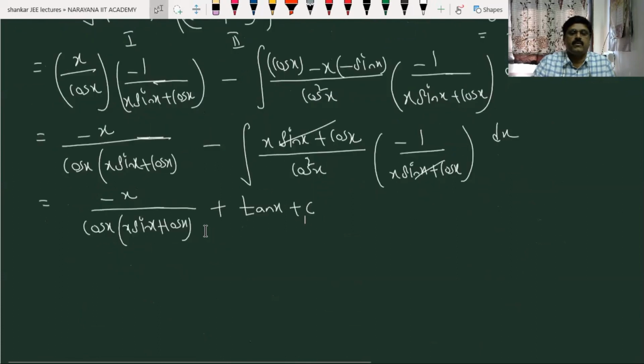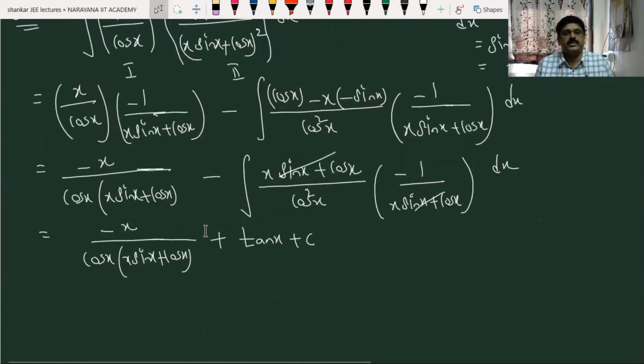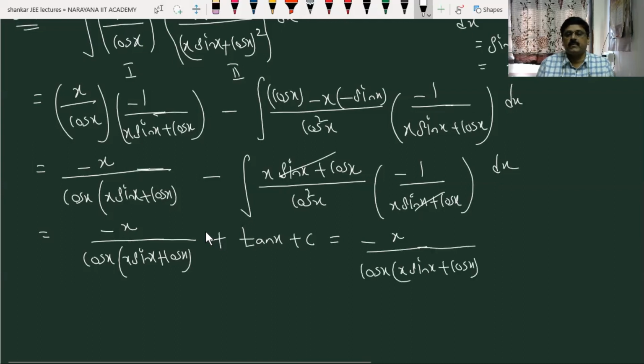Okay. Now, let us write it like this. Minus x upon cos x of (x sin x plus cos x) plus tan x, which can be written as sin x upon cos x, plus c.